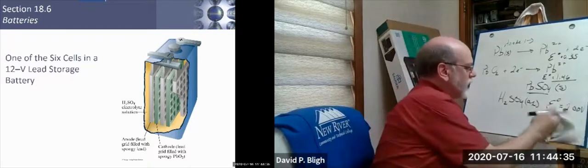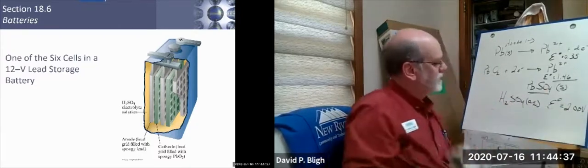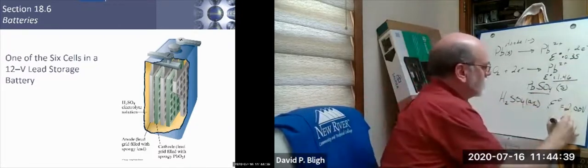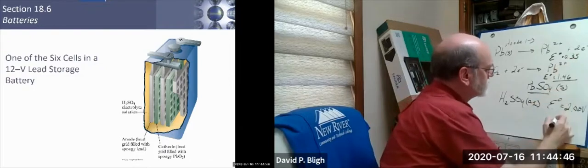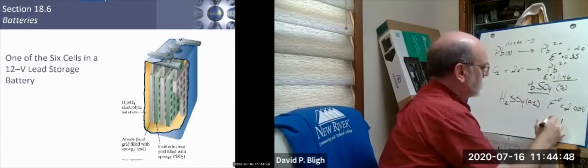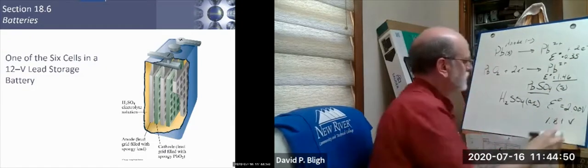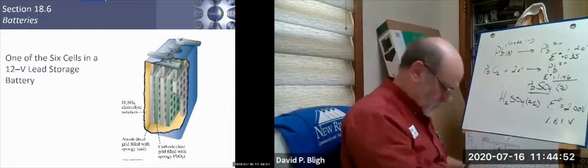So now 3.5 and 4.6 is 1.81 volts. So maybe this one is written wrong also.